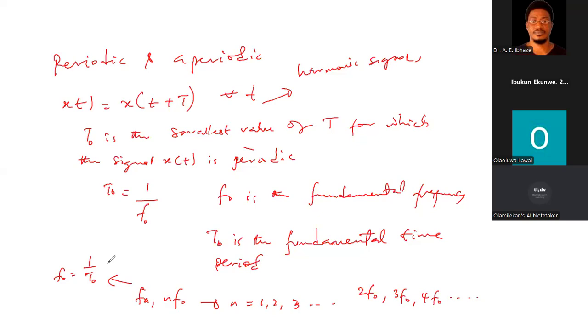So what we want you to pick right now is that we did not define the periodic signal with respect to the fundamental time period, because that fundamental time period is the smallest value of the period for which this signal can be periodic, okay? So technically, other values of this time period exist in the signal. So when we talk about practical signals, you have to take your mind off your clean sinusoids, okay?